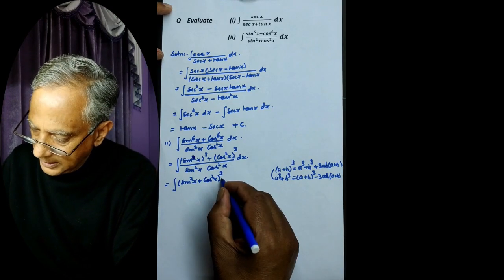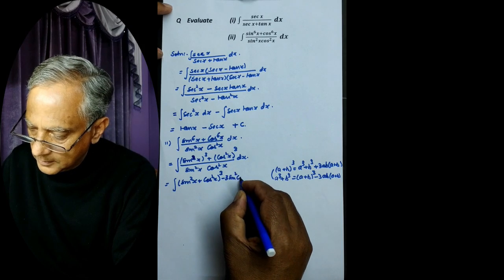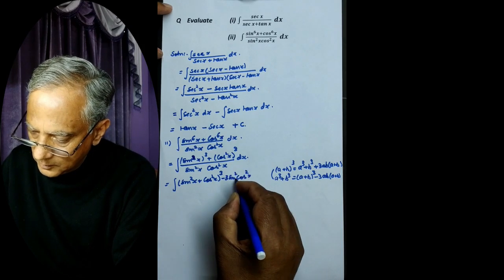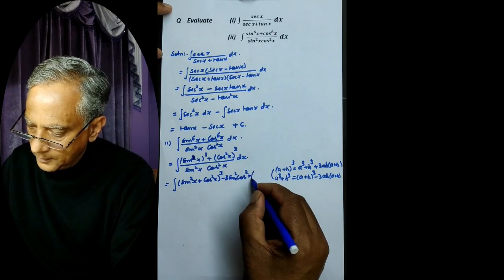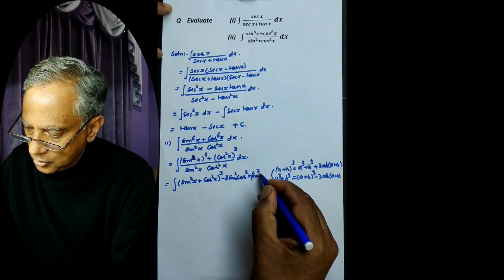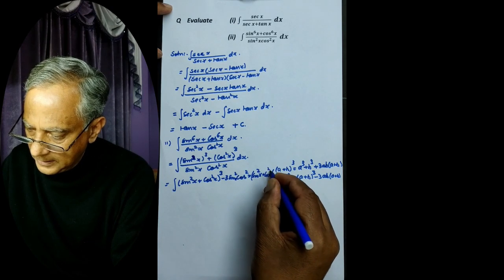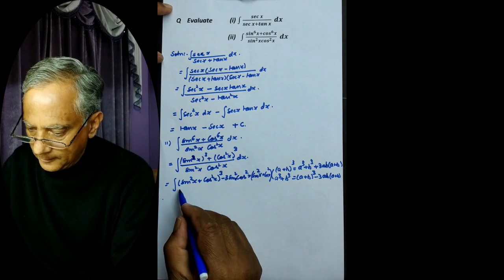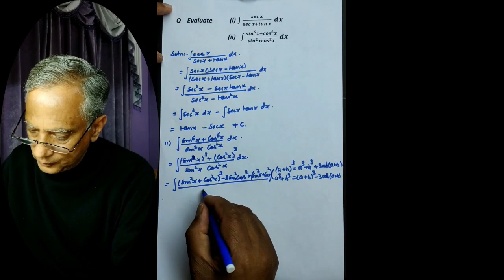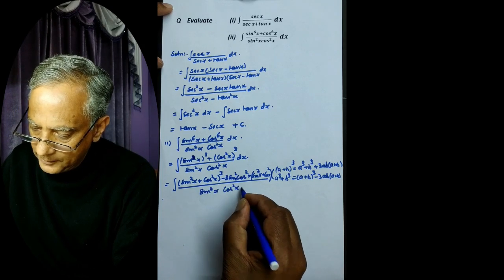So we carry out this simplification, into (sin square x plus cos square x) whole divided by sin square x cos square x.